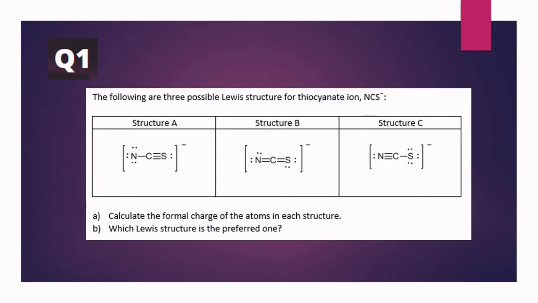This is structure A, the second one is structure B, and the third one is structure C. The question asks, first, calculate the formal charge of the atoms in each structure, and based on the formal charge that has been calculated, which Lewis structure is the preferred one? So we will discuss how you can answer this type of question.